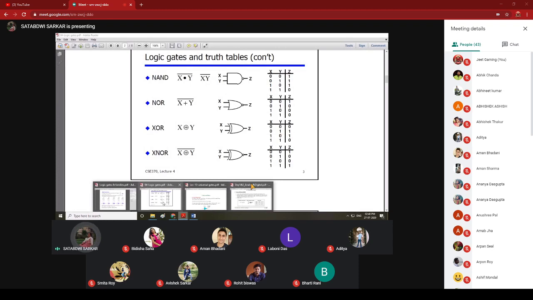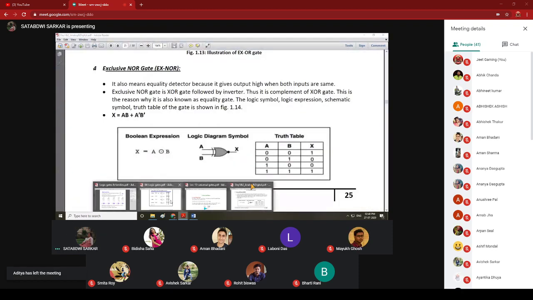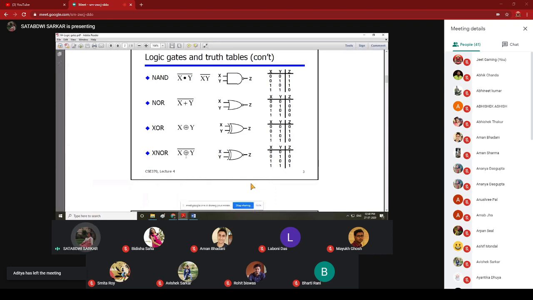But in XNOR, we are getting X XOR Y whole complement. That is X XOR Y. This is the symbol of XOR, and there is a complement over here.